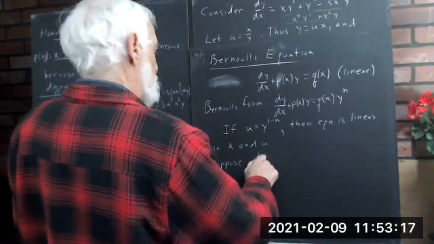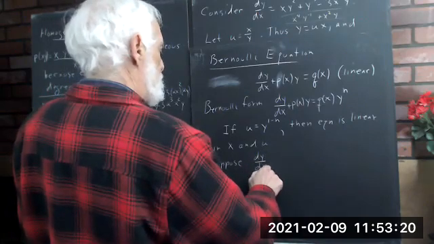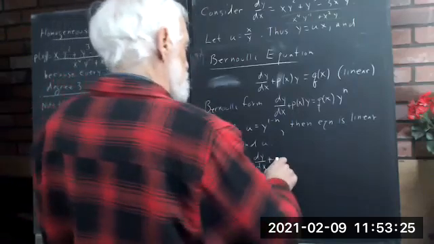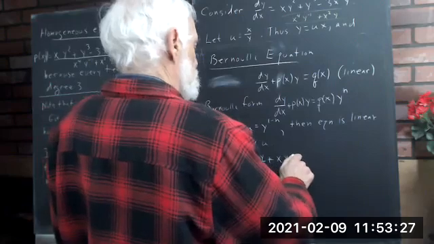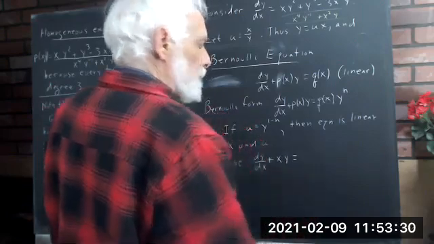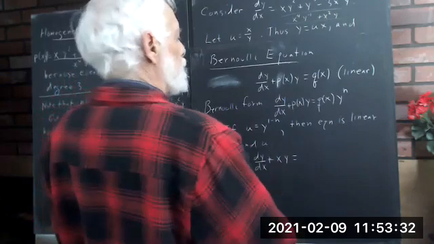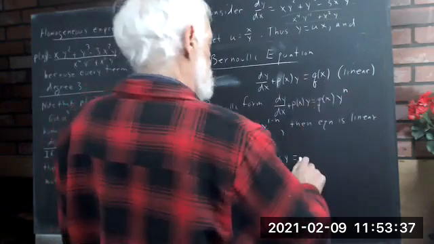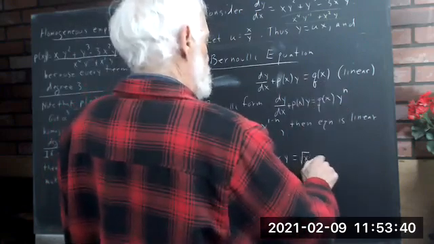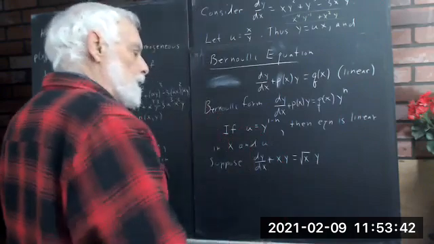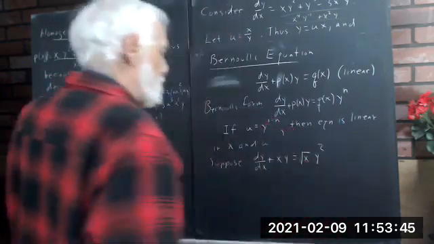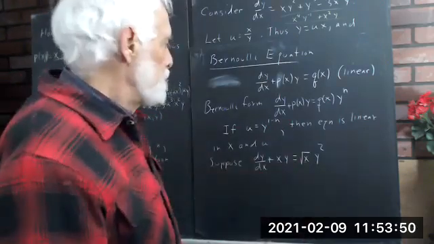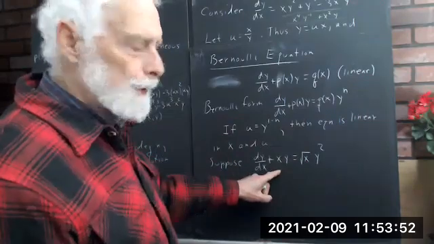Suppose we have dy/dx plus xy equals, and I'm a little hesitant to use e to the x, so I'm just going to use a power: square root of x, and then over here a y squared. Okay, this is Bernoulli. You have your p of x function in front of y, that's just x.